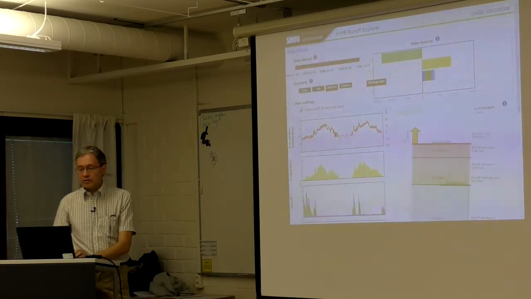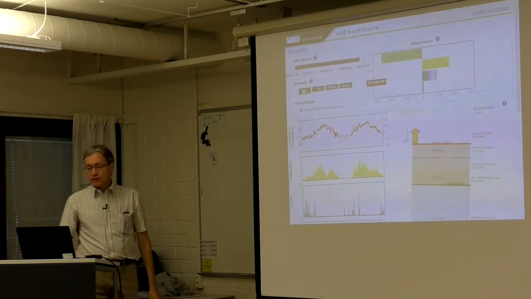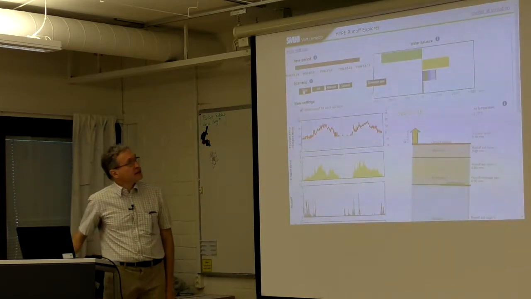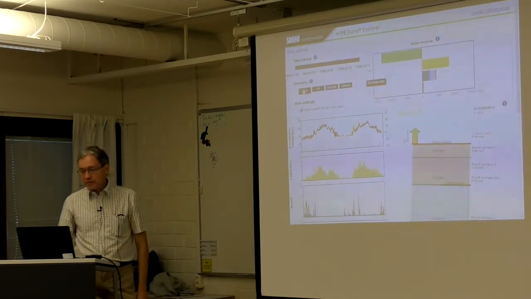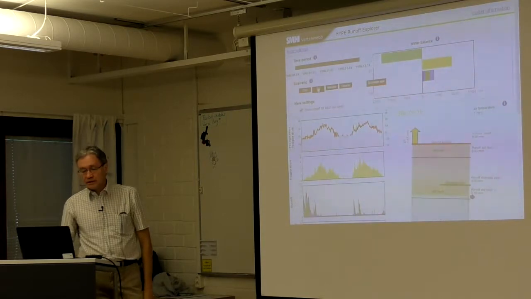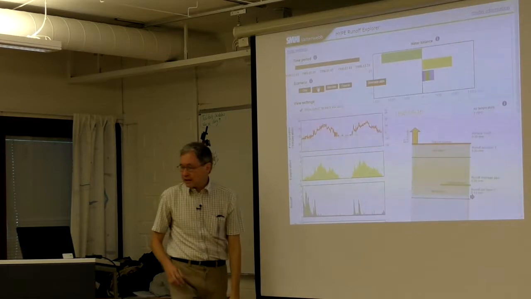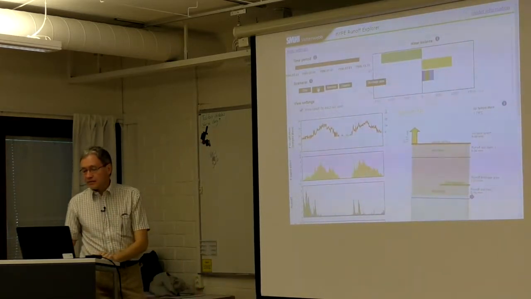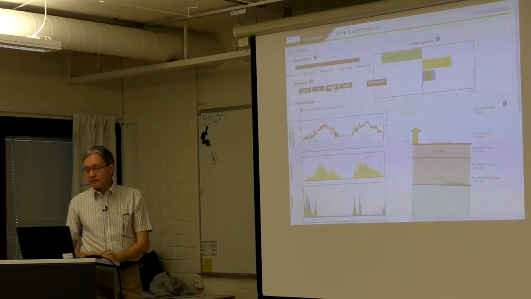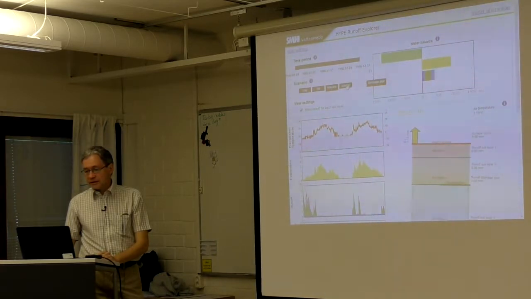Okay, so the water balance will be different for different soils. The precipitation is of course the same, but the partitioning between evaporation and flow will depend on what soil type you use.